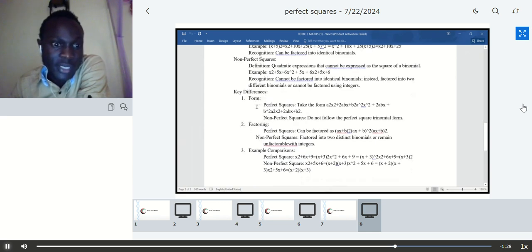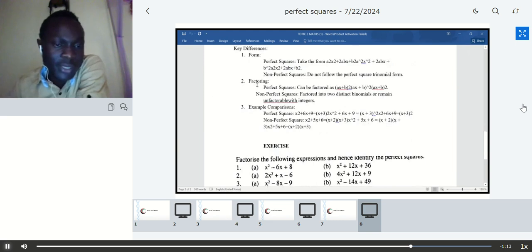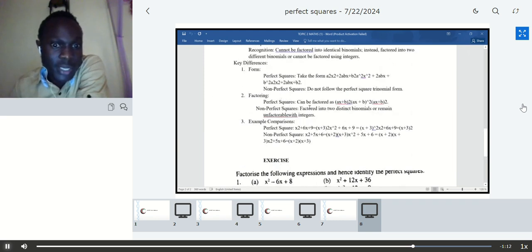They have key differences, and one is in the form. Perfect squares take the form a squared x squared plus 2abx plus b squared, while non-perfect squares do not follow the perfect square trinomial form. As for factoring, a perfect square can be factored as (ax + b) squared, while non-perfect squares factor into two distinct binomials or remain unfactorable with integers.